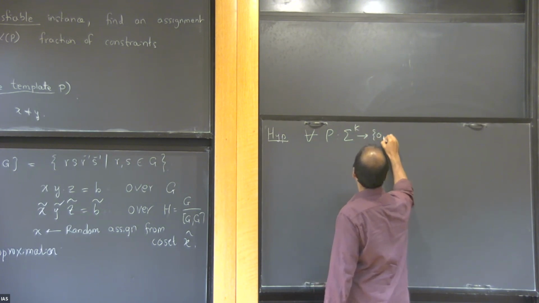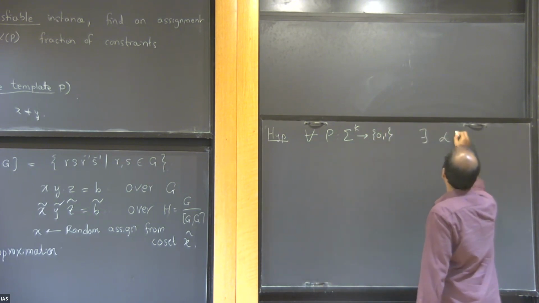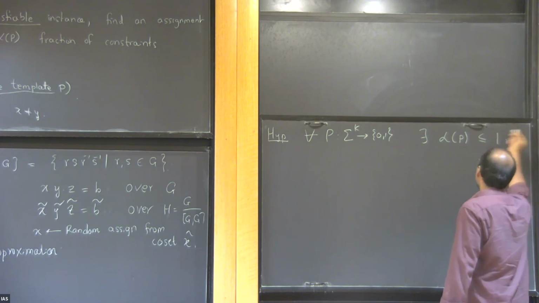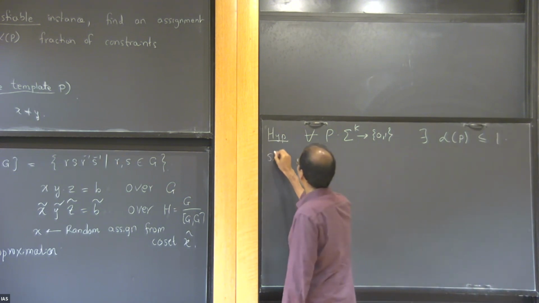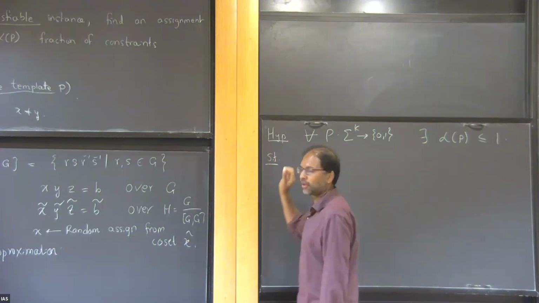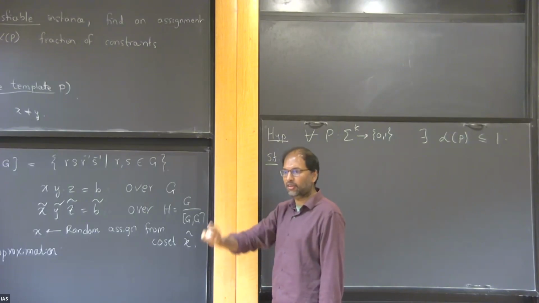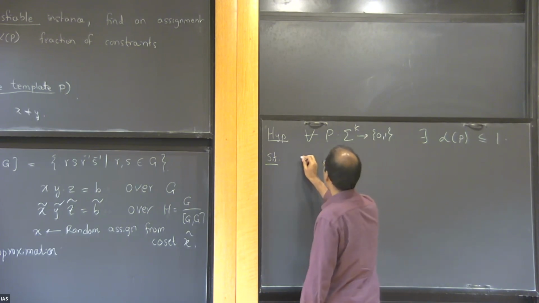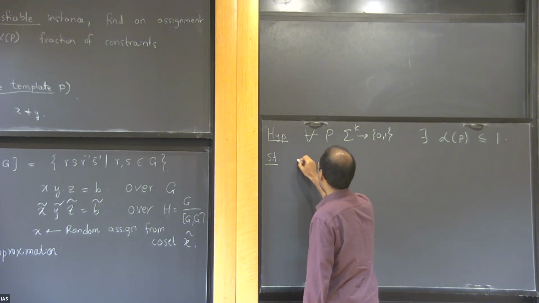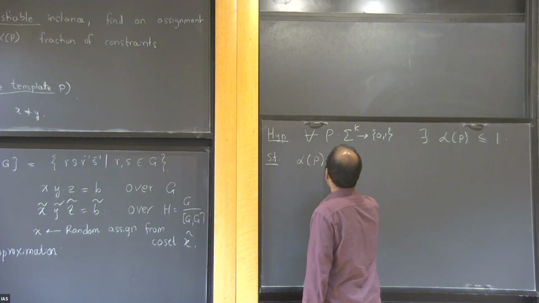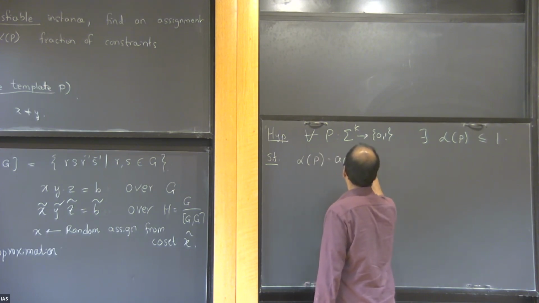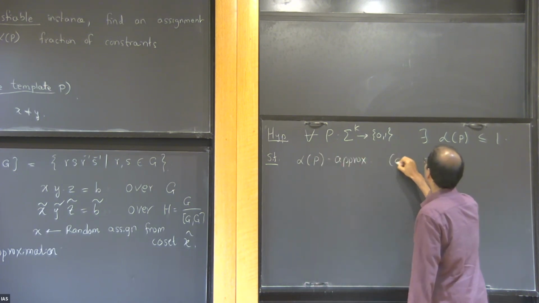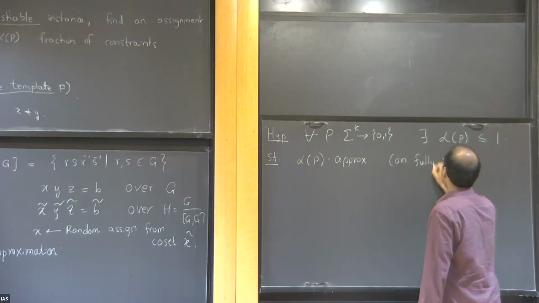Okay, so we can propose the following hypothesis: for every predicate P, there is some threshold alpha of P, some number strictly at most 1, such that on fully satisfiable instances, where the instance is known to be fully satisfiable, there is an alpha P approximation, meaning you can efficiently find an alpha P satisfying assignment.